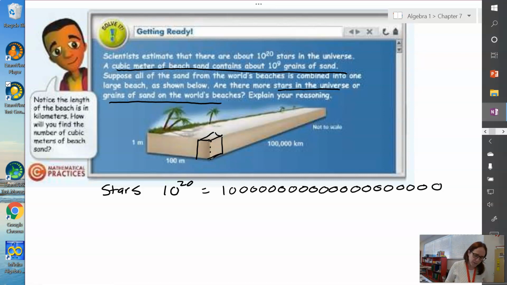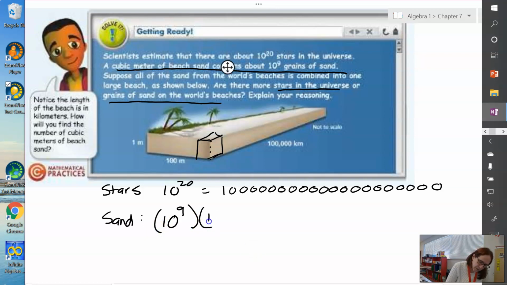Now for our grains of sand, I know that each cubic meter has 10 to the 9 grains of sand. And then I know I have 1 meter tall times 100 meters wide times 100,000 kilometers.